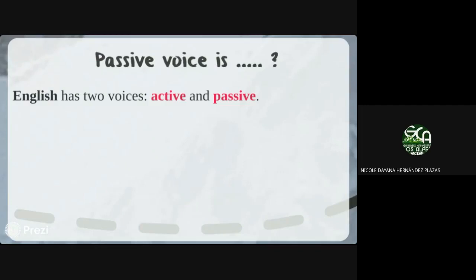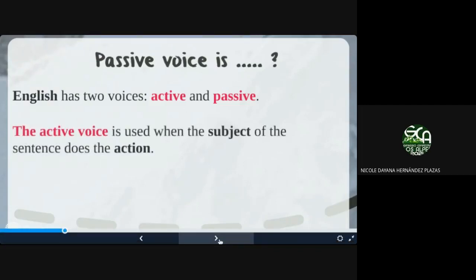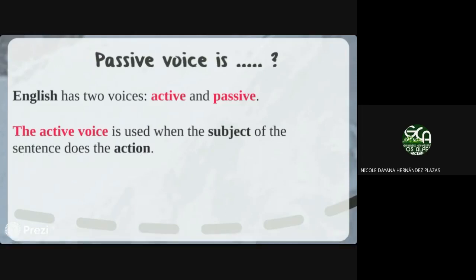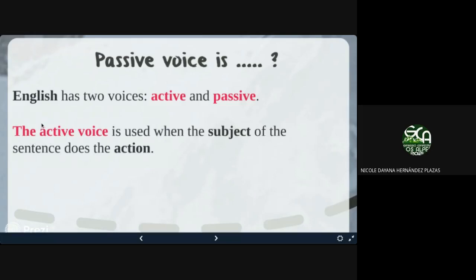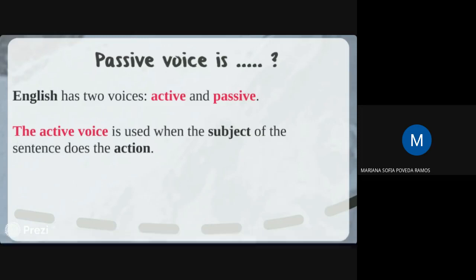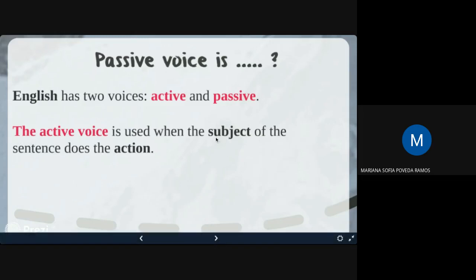So, babies, when we talk about active and passive voice in English, we are talking about this. Mariana Poveda, can you please help me reading this part, baby? The active voice is used when the subject of the sentence does the action.